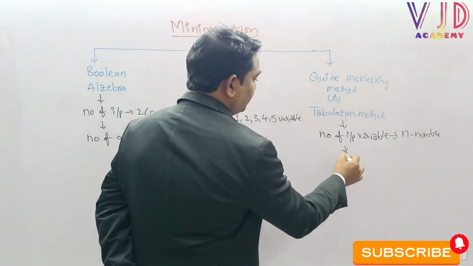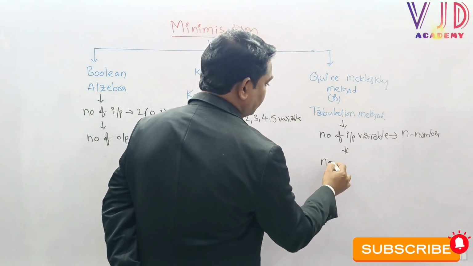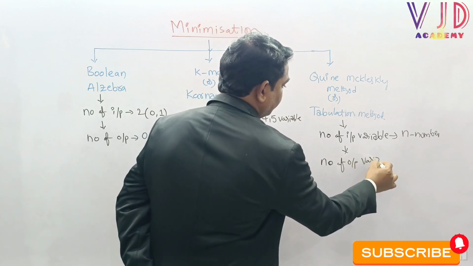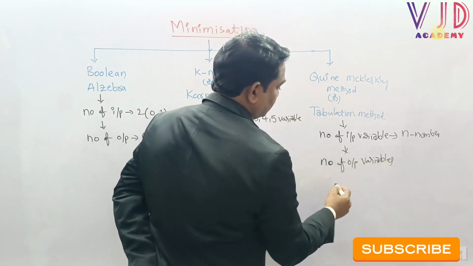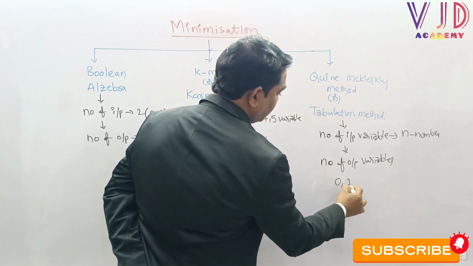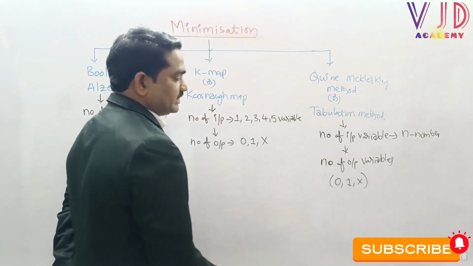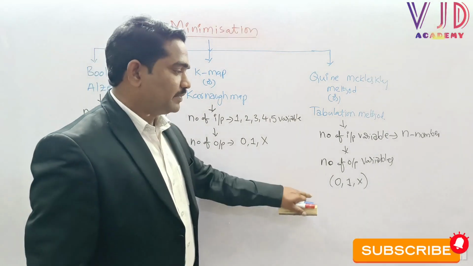The outputs it can produce are 0 and 1, and we can also see the don't care condition. This is the capability of the Quine-McCluskey method.